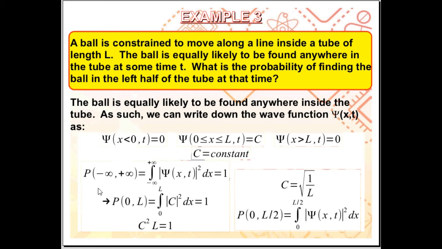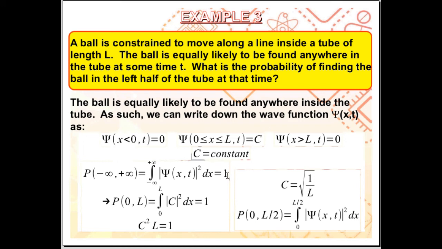Using now our equation for the probability of finding the particle, if we set the range from negative infinity to infinity, we find the probability of finding the ball is 100%. But 0 plus 100% plus 0 is 100%.